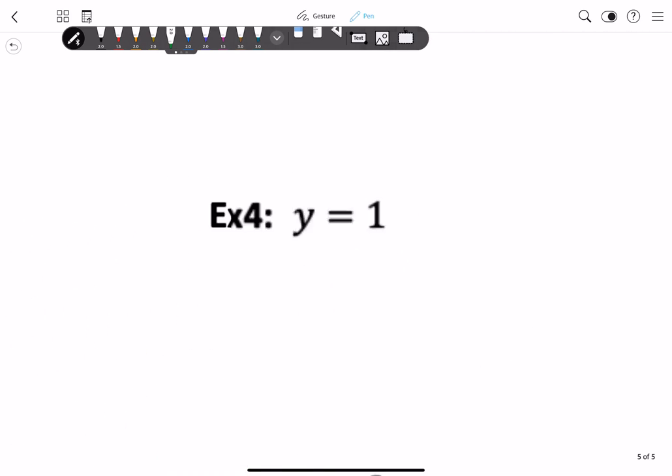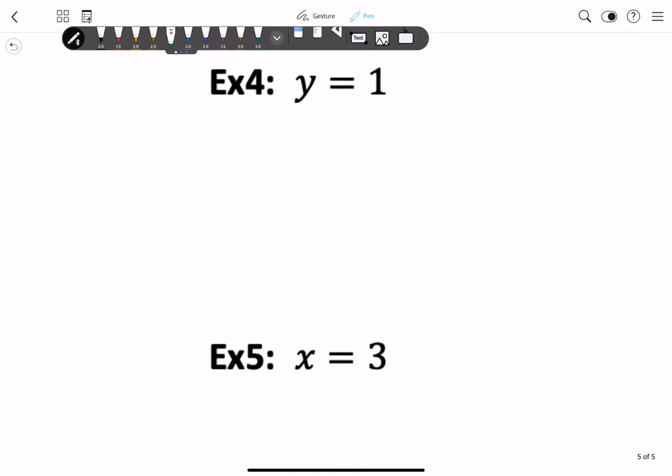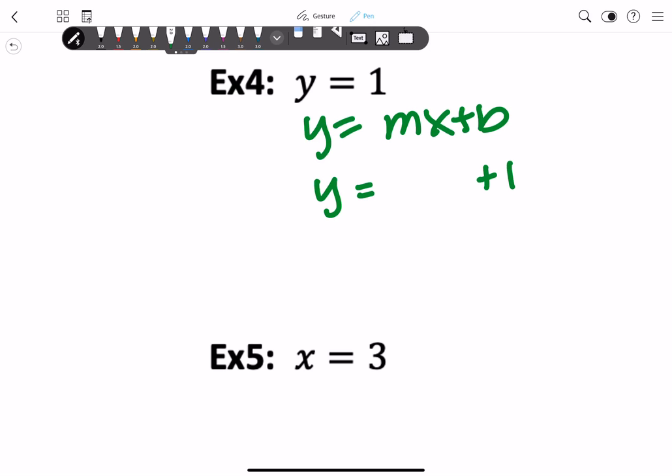All right, so now we've got these two. It's already in y equals, so it's in the form of y equals mx plus b. And they don't have the x term here, so it should really be y equals 0x plus 1. That is a 0x because you see 0 x's there.